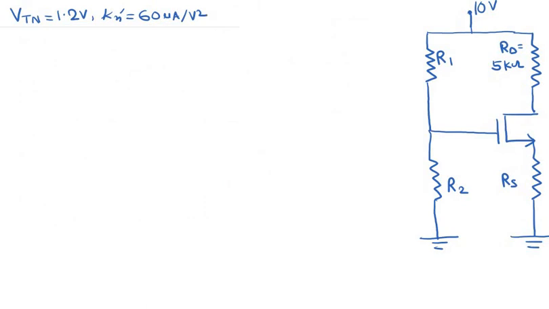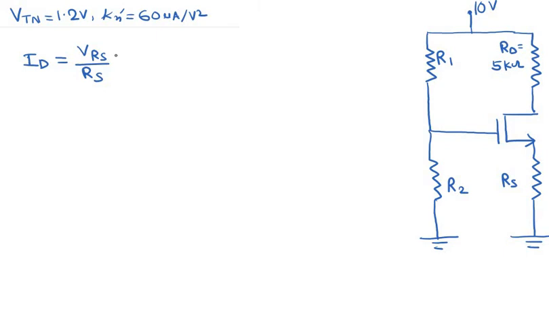So in this problem, let us first use the resistors to write the equation for the current. ID, the drain current, is equal to the voltage drop across the resistor RS, which is VRS, divided by RS.